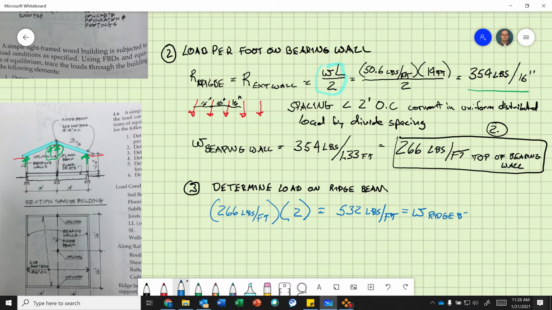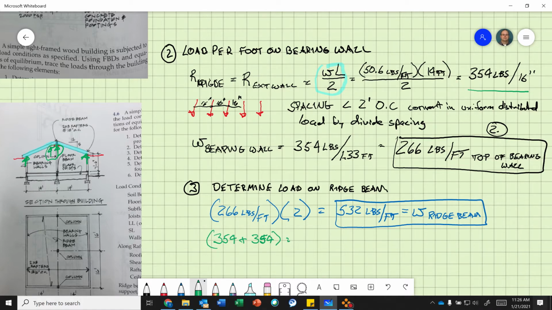beam. So the key to these problems is to keep yourself organized because you're going to be looking at these numbers at a later time because you'll need them. This will be the same as taking 354 plus 354, sorry.